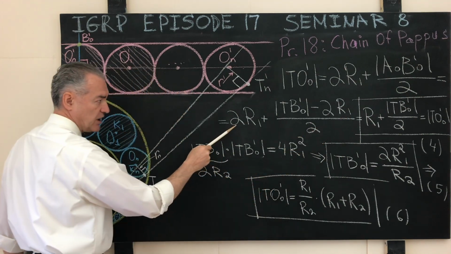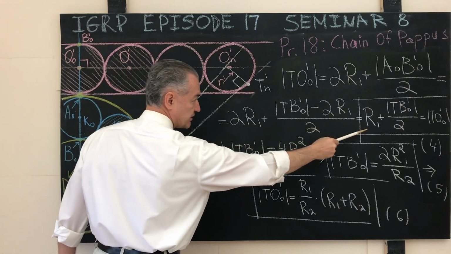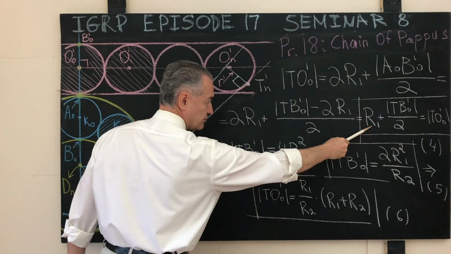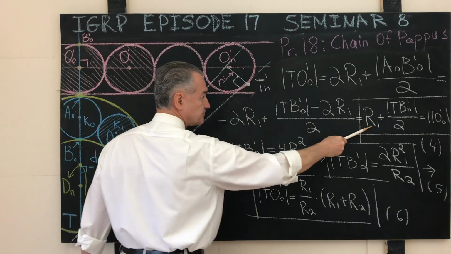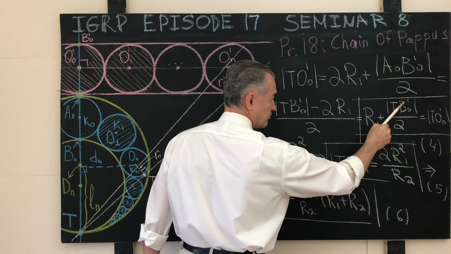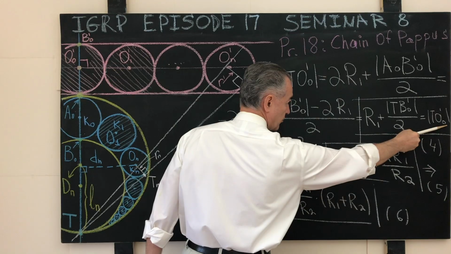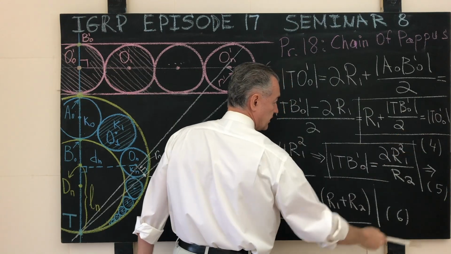Now what do we have? We have 2r1 minus 1r1. That's one copy of r1, the radius of the outer generating circle, plus the ratio of t b prime 0, the distance between these 2 points, over 2. This is our relation that we will need in the future.